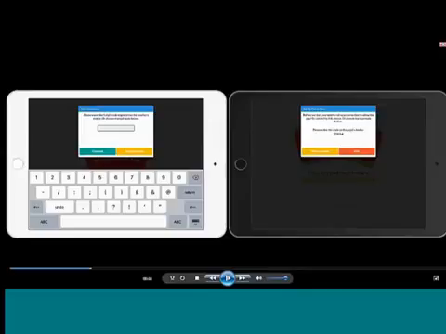Now, for most of our schools, this was very straightforward, but for some where Wi-Fi was particularly weak or inconsistent, they may have had problems at this point and could not synchronize the tablets. We've tried to make a fallback situation for that, and you can see here on both tablets we have a button with manual mode.